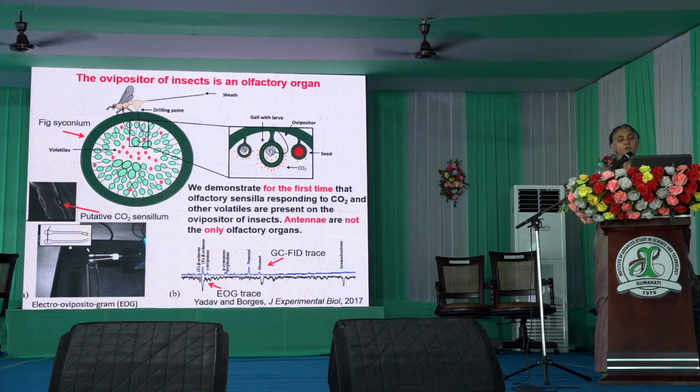This is how the illegitimate fig wasps, which have to find their targets inside the microcosm, are using CO2 as well as other volatiles coming out from the developing wasp larvae.